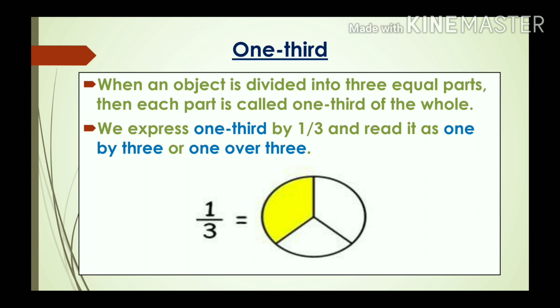Here you can see this figure shows the fraction 1 upon 3, and here a whole circle is divided into three equal parts and one part is shaded. So the fraction for one shaded part is 1 upon 3.